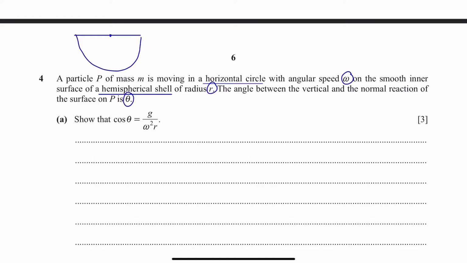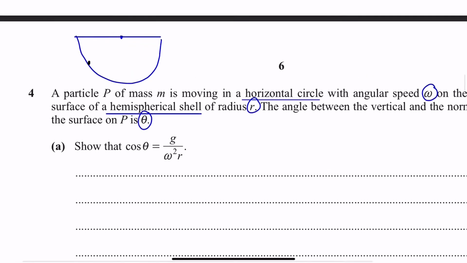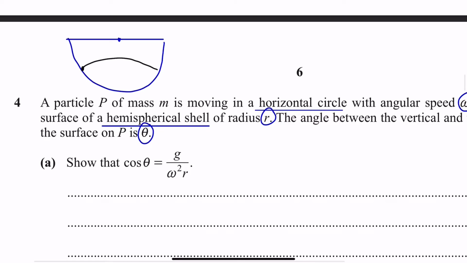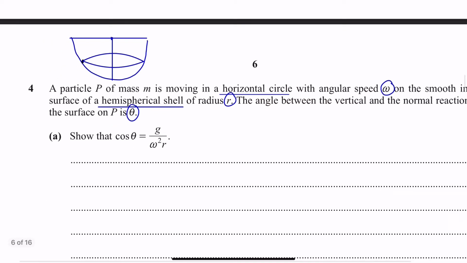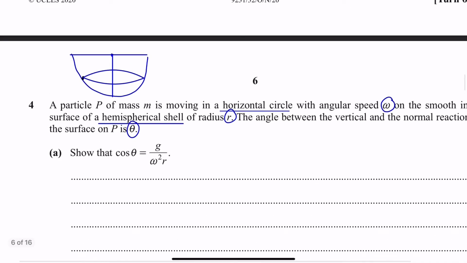And let's say we have our particle P over here, then this would be the horizontal circle that is moving, right? So now we have a vertical that passes through the center of the sphere, and we know that the angle between the vertical and the normal reaction of the surface on P is theta.